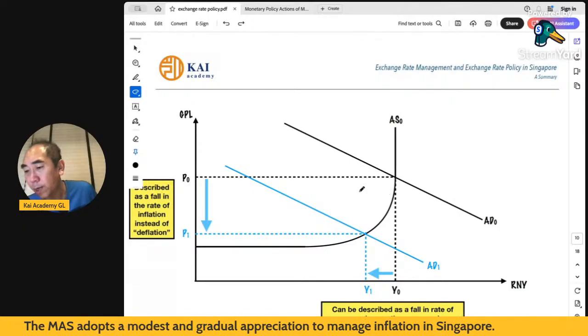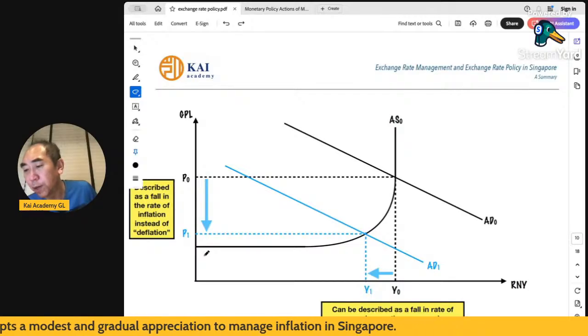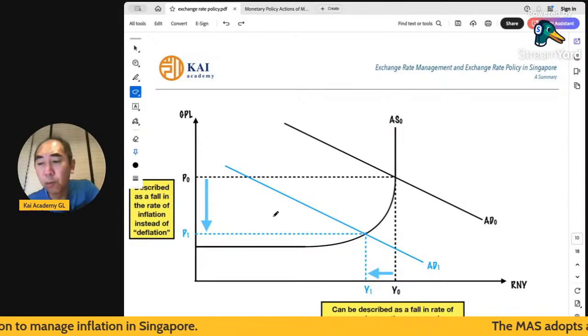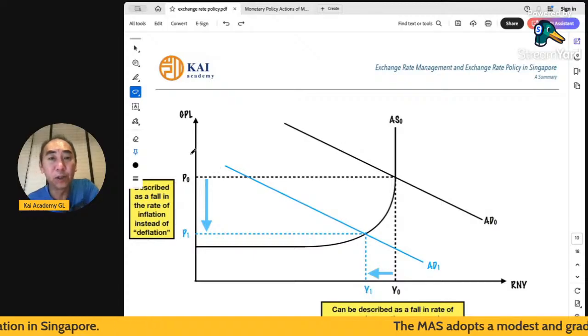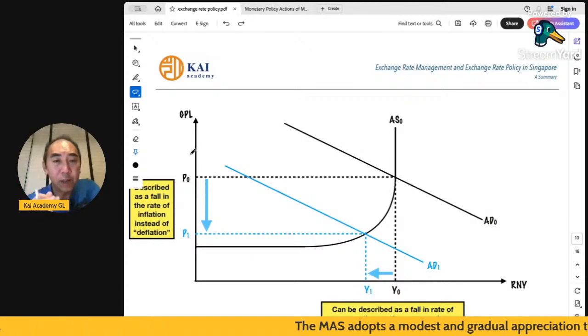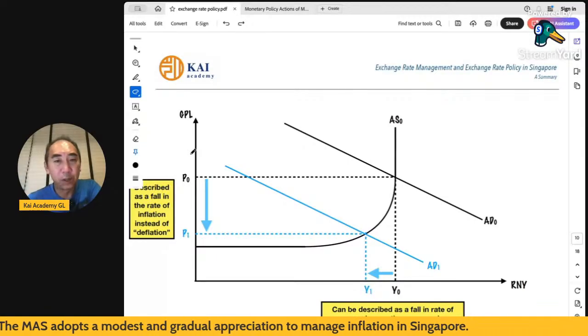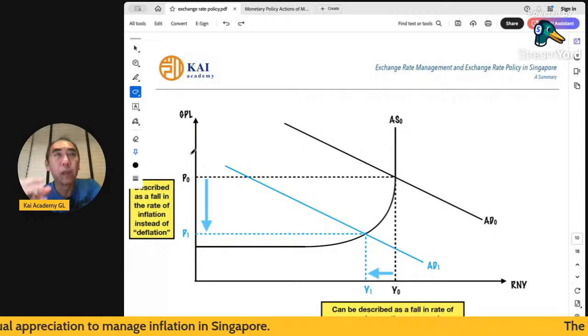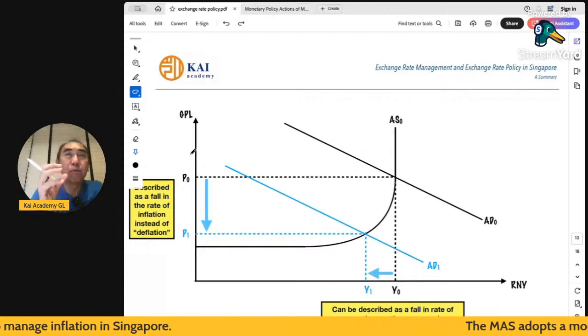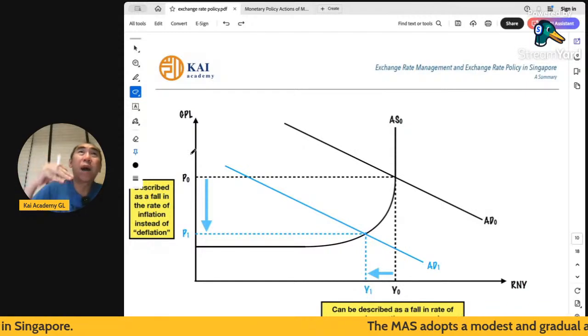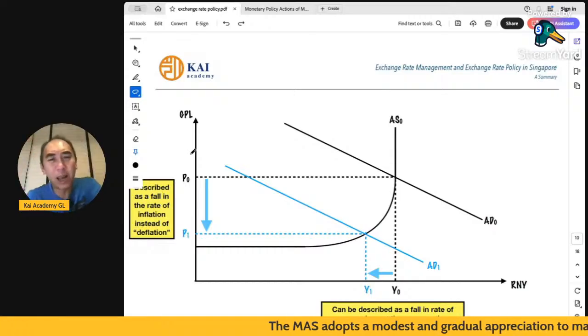When AD falls, this will cause a fall in the GPL shown in the diagram and a fall in the RNY. Now, a fall in GPL is normally described as deflation in the economy. However, in this instance, particularly if you are doing this for the exam, do not call this deflation, because we are introducing appreciation as a policy action. The government is using appreciation of the Sing dollar to deal with high inflation. So you're going to presume that there was high inflation.